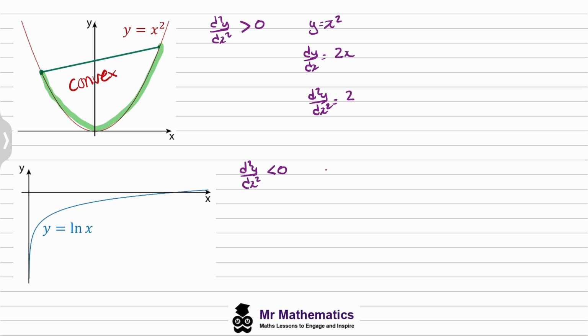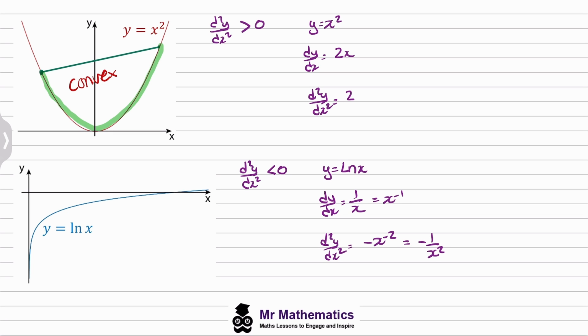And again, we can see how this works. If y equals the natural log of x, then dy by dx will be 1 over x, or x to the negative 1. So the second derivative will be negative x to the negative 2, or negative 1 over x squared.